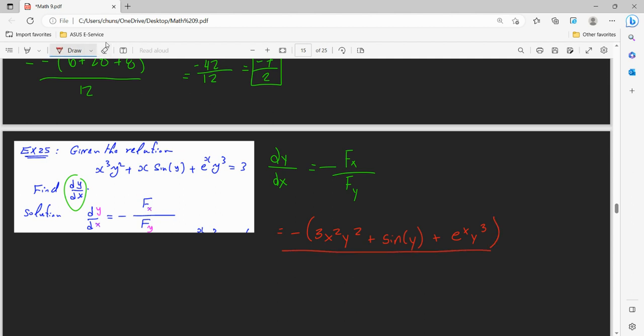Okay, and then with respect to y now, this is 2yx cubed plus x cos y plus 3y squared e to the x. And this will be our answer. Let's distribute that negative in, and then each of our terms becomes negative in that case. Okay, so that is it for this question.